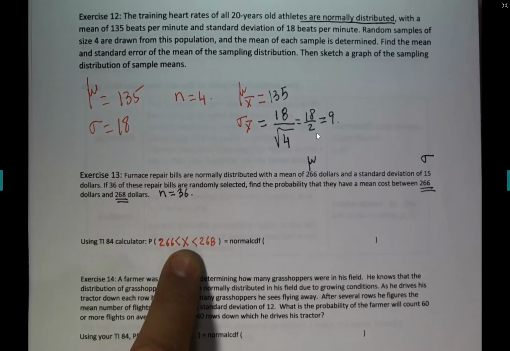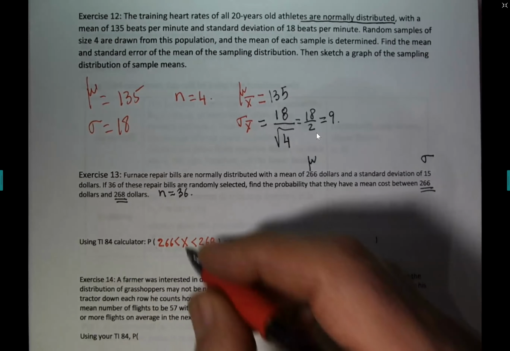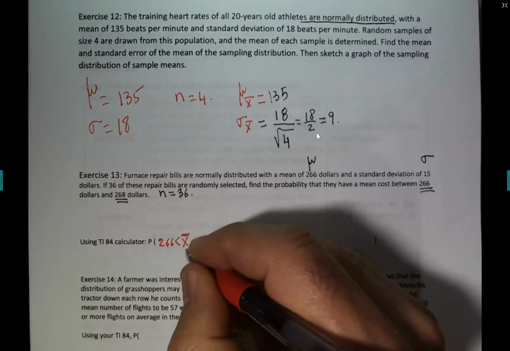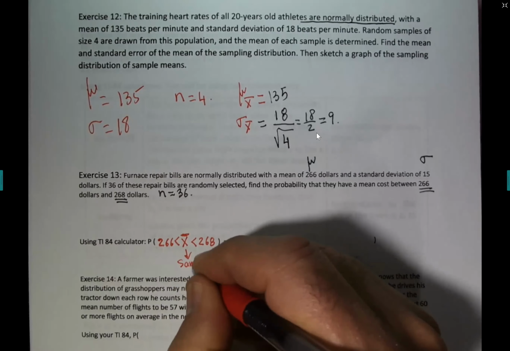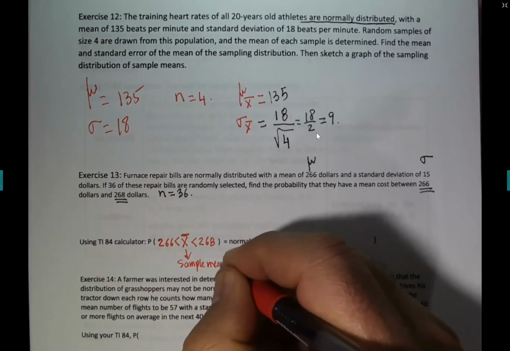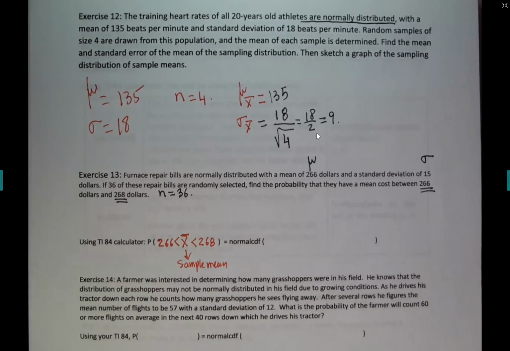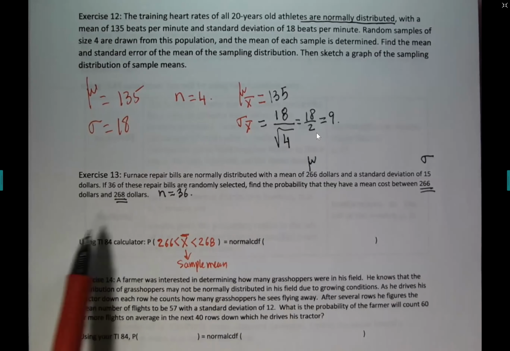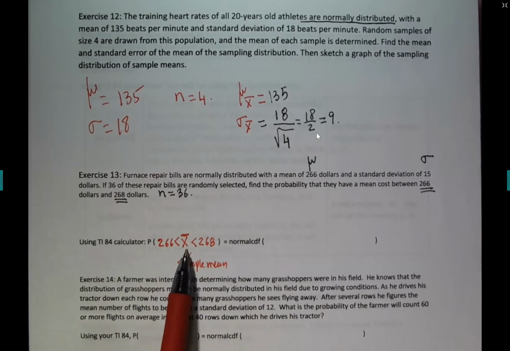You can say it if you cannot write it, because you have to write the symbol. Yes, with the bar on top. So anytime, guys, he asks you the probability of the sample mean, don't put x, put x bar.